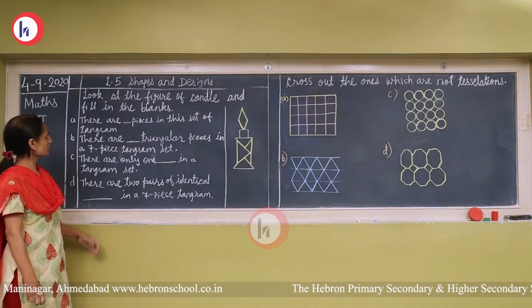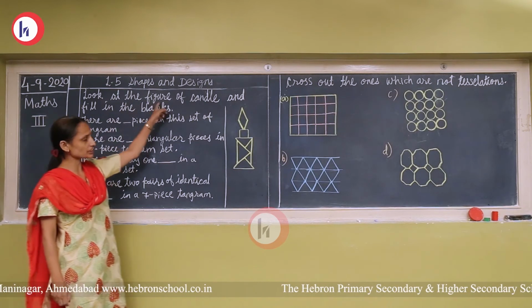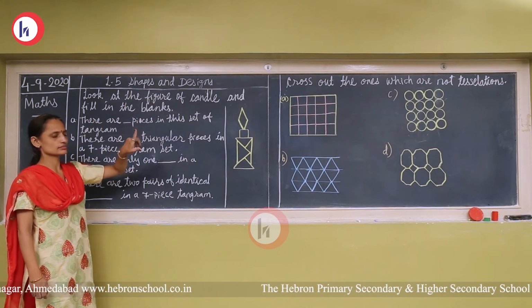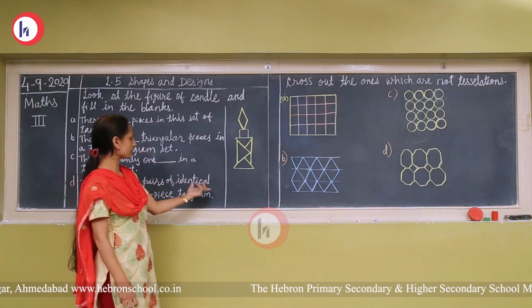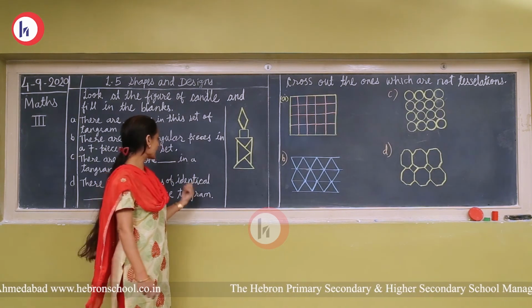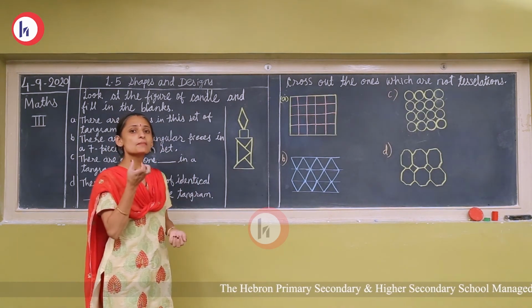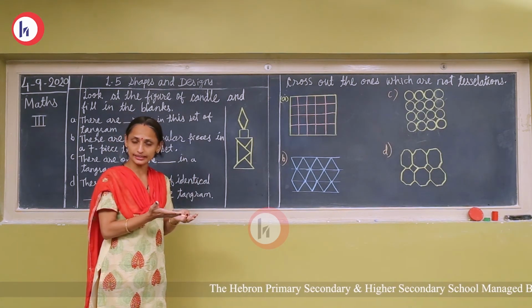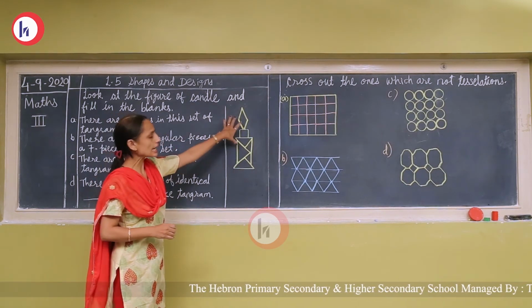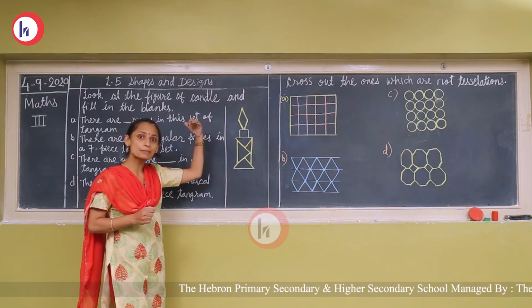Now our next topic is: look at the figure of the candle and fill in the blanks. Here I have explained the 10 gram. 10 gram means it is a Chinese puzzle. And in the 10 gram there are different pieces we are using, means 5 pieces 10 gram, 7 pieces 10 gram. Here I have drawn one candle using the 10 gram pieces.